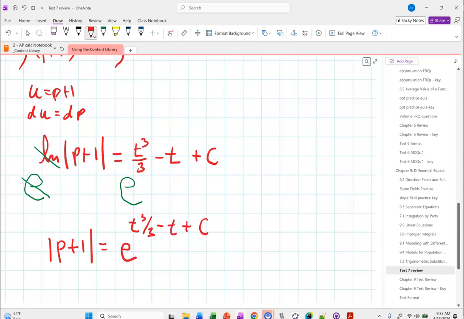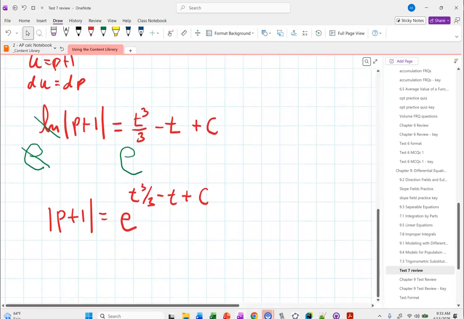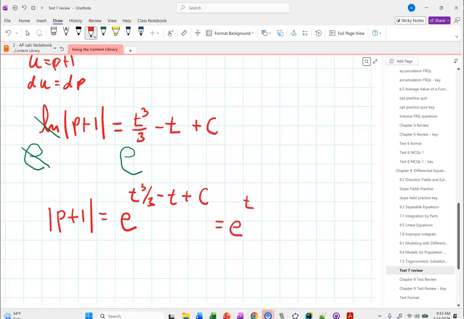Everybody's okay here? Now, remember when I have addition in my exponent, that's the same thing as multiplying things with the same base, right? And e is a constant and c is a constant, so e to the c is still just a constant.